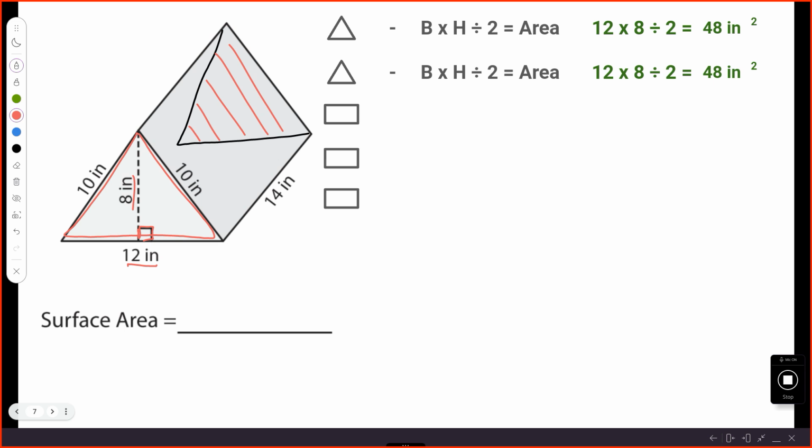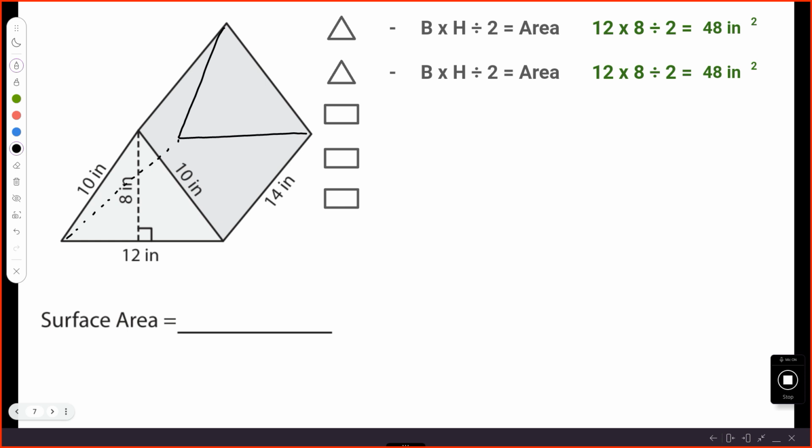Now, this next part's where it gets a little tricky. We need to find our 3 rectangles. So I'm going to erase what I've got here, and I'm going to try to draw this thing a little bit more three-dimensional so we can see this as we go. Okay, now let's use our brain here and look at the 3 rectangles that we see.